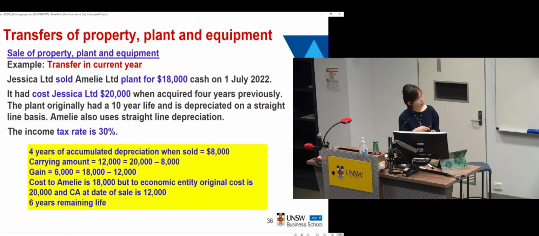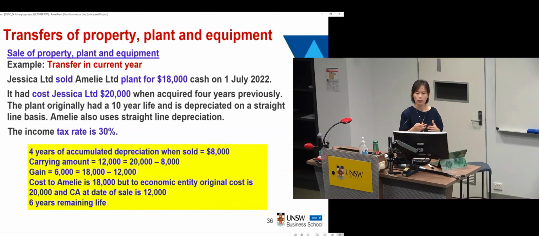Now, the plant cost Jessica $20,000 when acquired 4 years previously. So before the transfer, the plant had been used by Jessica for 4 years. So we need to identify the carrying amount of the plant in the record of Jessica immediately before the sale. How do you find the carrying amount?